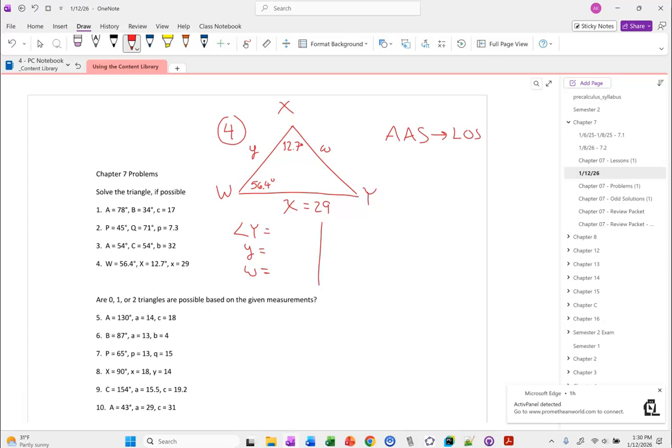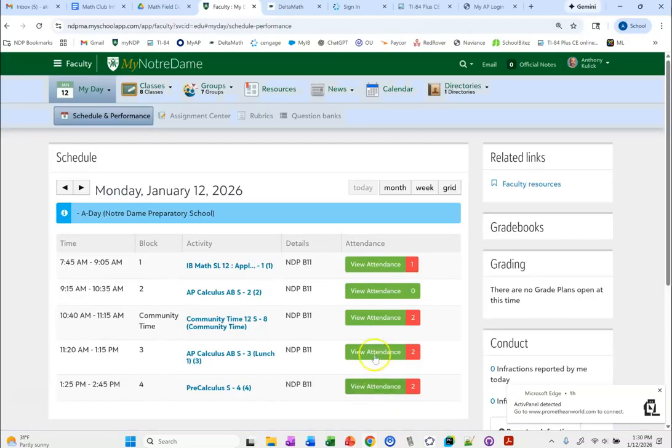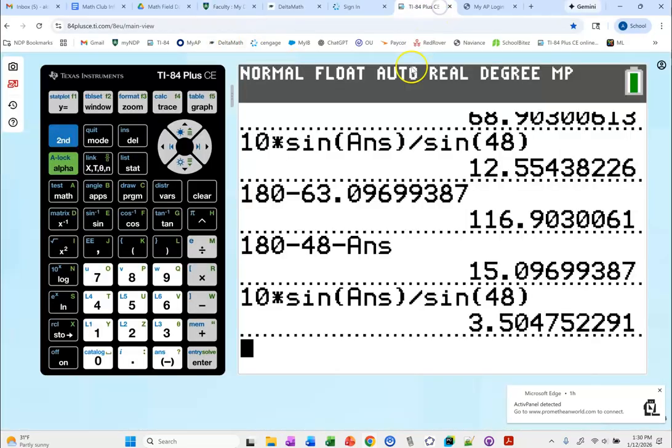The first thing I'm going to find, because I have two angles, is always going to be the third one, because that's really easy to come up with. So I can just do 180 minus the other two angles. Minus 56.4, and then 12.7.